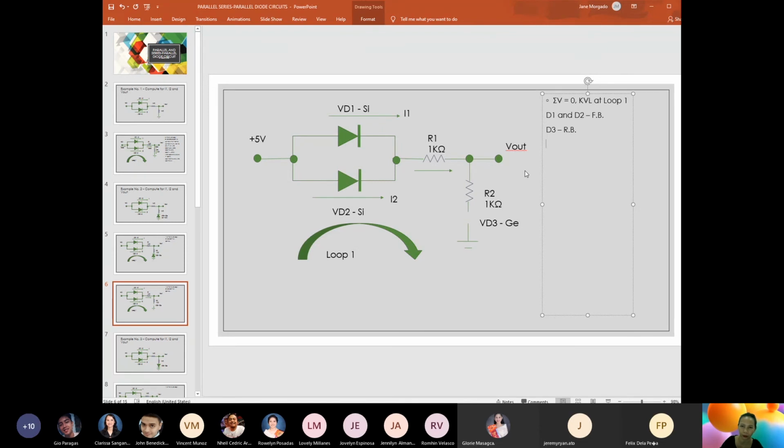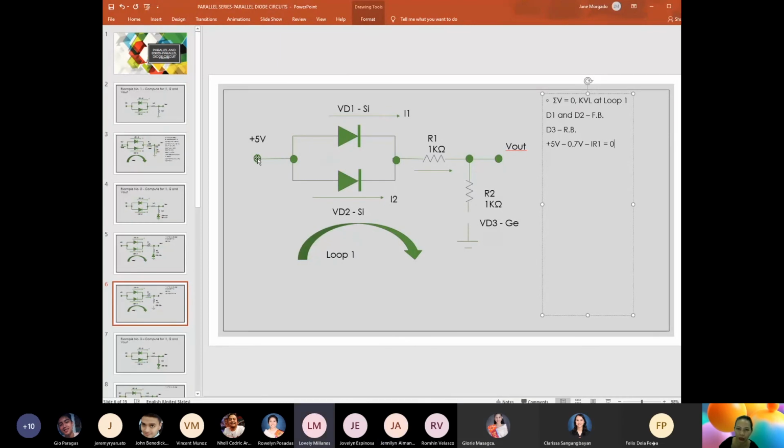Positive 5 volts, minus 0.7, minus IR1, plus IR2 which is zero, kasi cut off na.